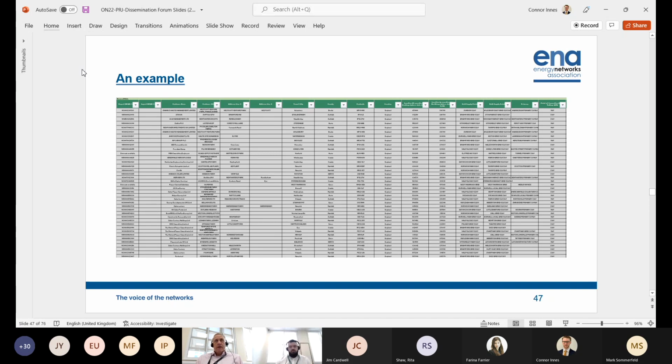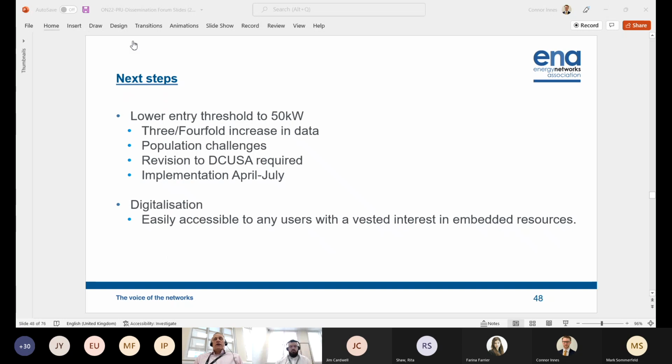Move on, please. So in terms of the next steps, again, we've already covered this and already mentioned it. We're looking to lower that threshold down to 50 kilowatts. Quite an ask. As I've already mentioned, we're starting to get a view on what those numbers look like, and that's a 3-4-fold increase in data, from 5,500 to certainly in excess of 16,000.